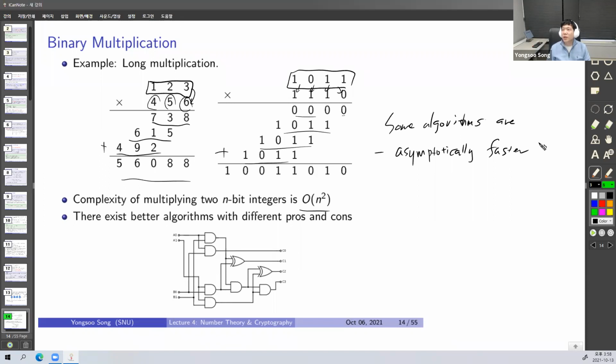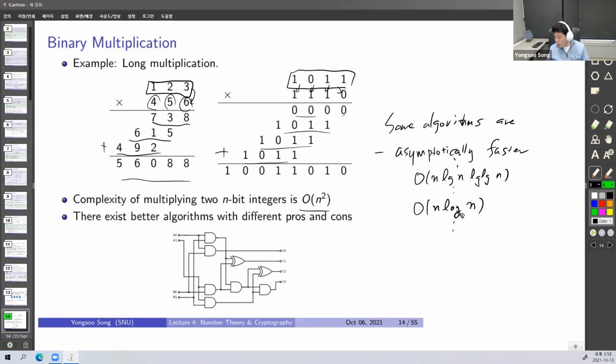Among them, the most recently developed one came out in 2019, and its complexity is n log n, but the previous ones were some other algorithms like n log n log log n. There are many variants based on different approaches.